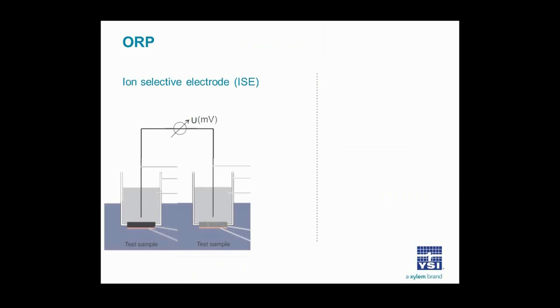ORP is another important measurement that you can use to help control aeration. Some have referred to it as a DO sensor that's able to measure negative DO. But that aside, just looking at the technology itself, we've got 2 electrodes connected between the sample through a voltmeter: a reference electrode with a junction and a measuring electrode.